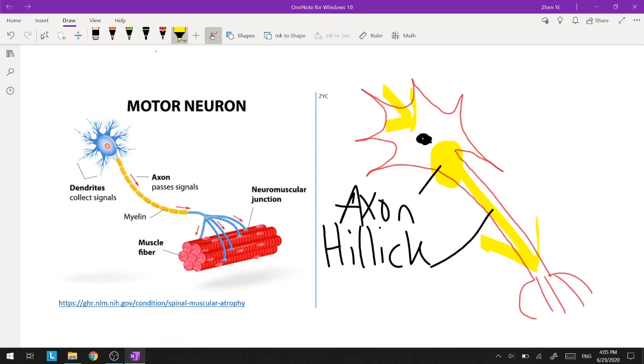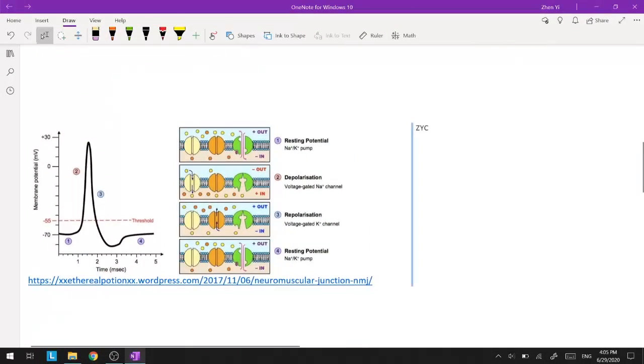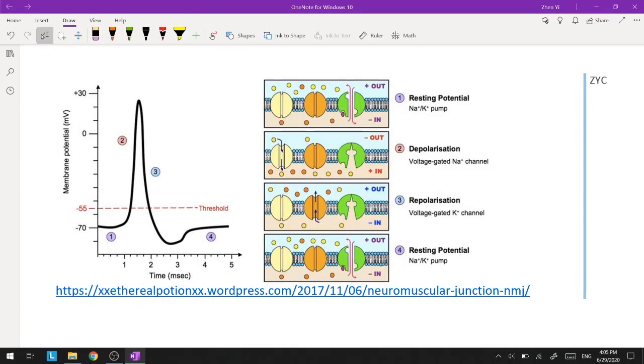An action potential travels along the axon. Moving on to talking more on action potentials. To begin with, action potentials are generated depending on the strength of the stimulus. The stimulus would manipulate graded potential, which allows for an action potential to be fired off.